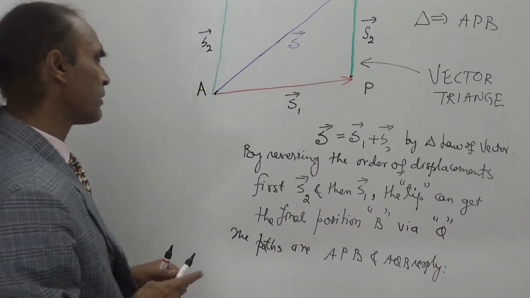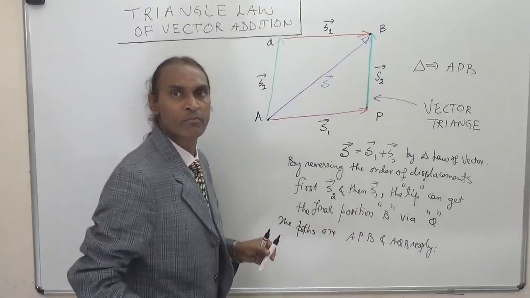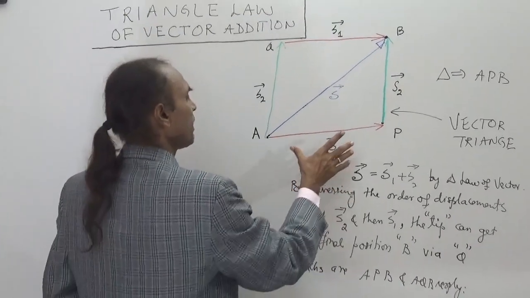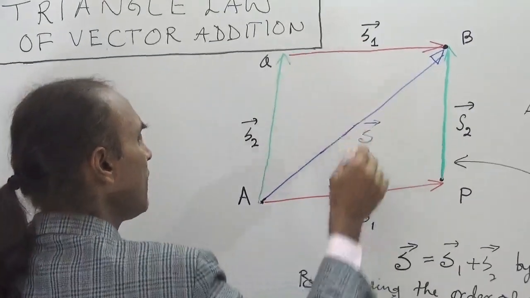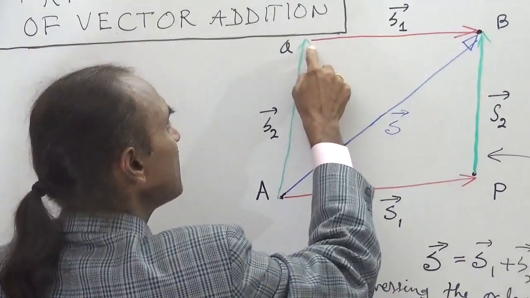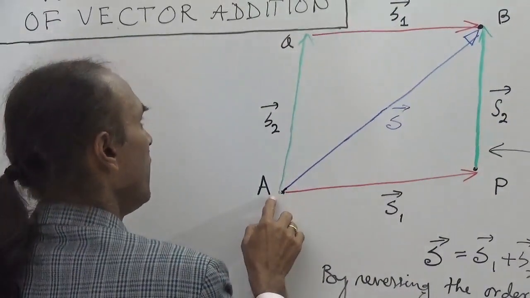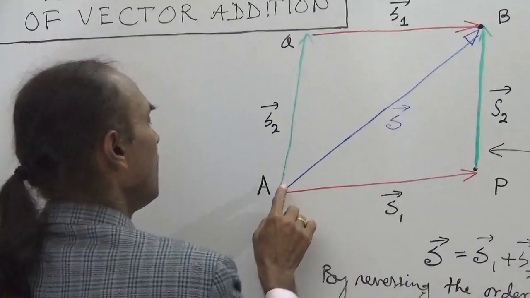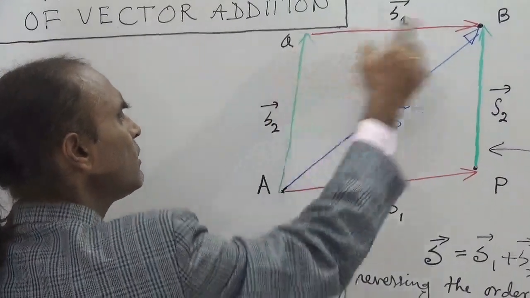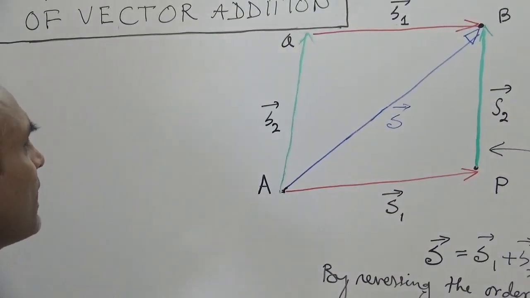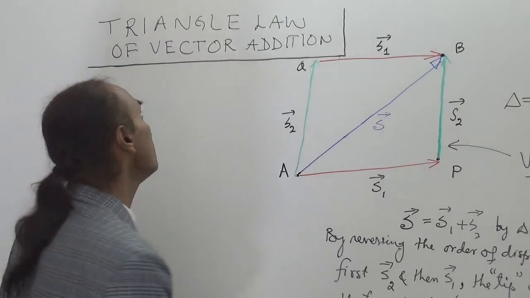So by reversing the order of displacements, first S2, then S1, obviously you will get the same point, because this S1 is equal to that S1, because these two are parallel. S1 means AP is exactly equal to QB, same direction and same magnitude. And PB will be exactly equal to AQ, same direction and same magnitude. So anybody can understand that this is a parallelogram.